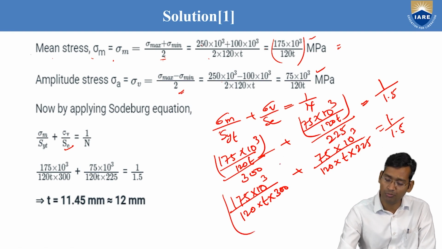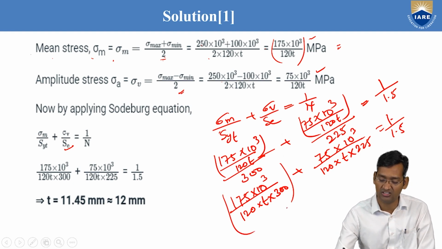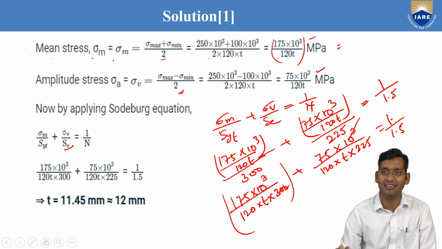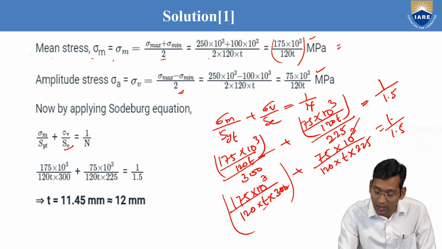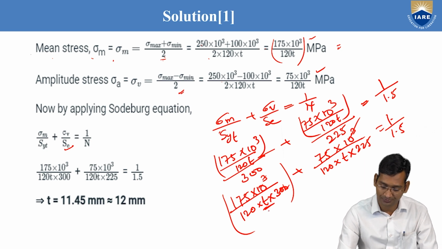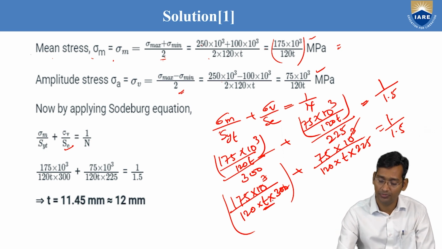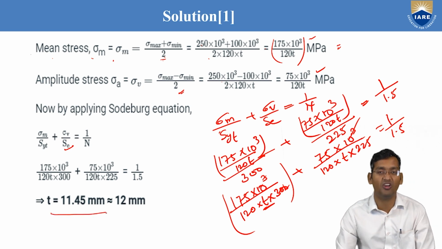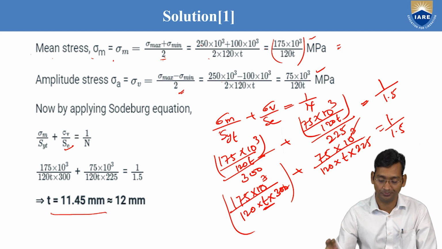This value you can put directly into the calculator, or you can simplify by cancelling these zeros, here also you can cancel all the zeros, and then simplify and find the value of T. After finding this, I get the value of T as 11.45 mm, which is approximately 12 mm.